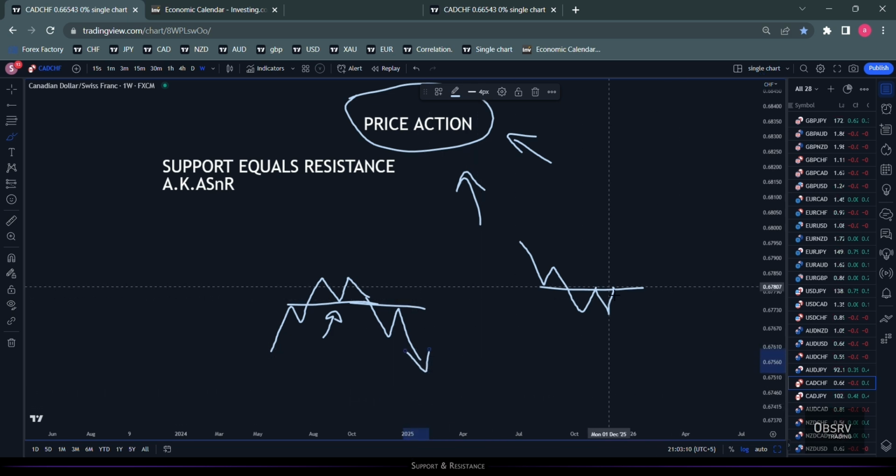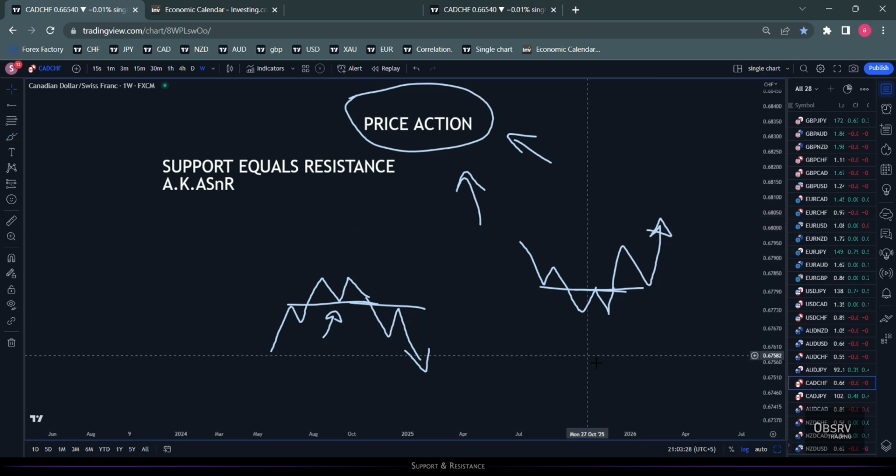And obviously vice versa for the sell side. If a resistance breaks and the price comes back down to it, there's a fair chance it's going to react as a support and take the price north. That is why I refer to it as support equals resistance.